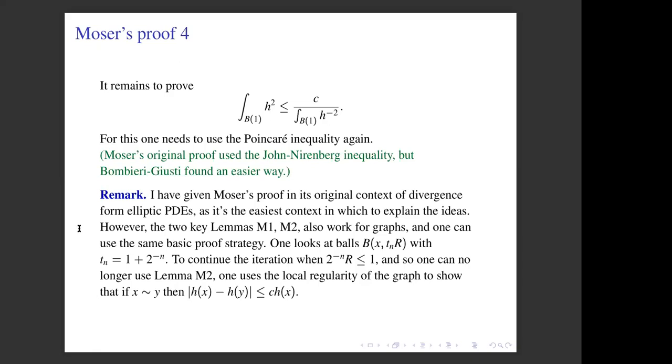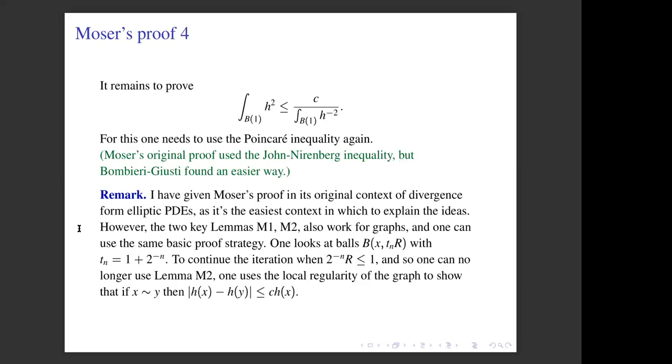Saloff-Coste's 1992 paper, but yes, the original paper of Moser had 3 ingredients. It used a Sobolev inequality on the space and a Poincare inequality on the space.